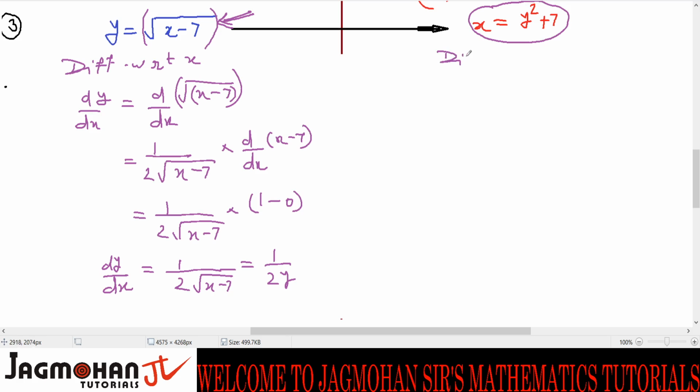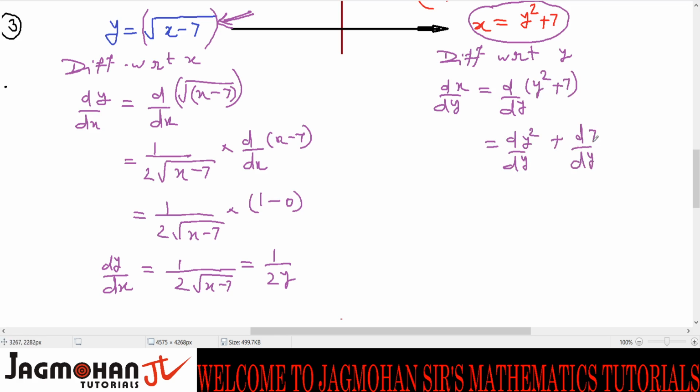So I write here differentiating with respect to y. When I do that, I get d by dy of x equals to d by dy of y square plus 7, which is equal to d by dy of y square plus d by dy of 7. D by dy of y square. You are differentiating with respect to y, and recognize the function, students.